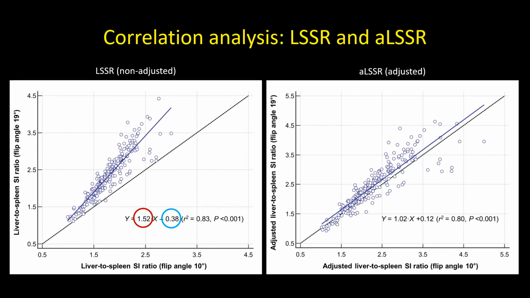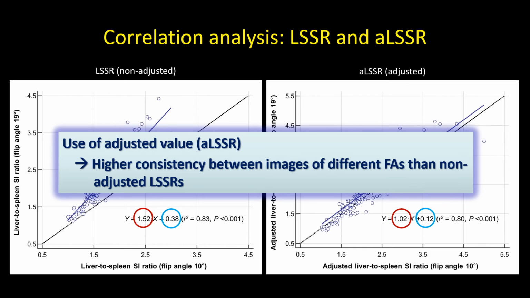However, the use of adjusted LSSR resulted in very similar estimates between the two MRI sets, as indicated by a regression slope close to 1 and an intercept close to 0. So, the use of adjusted LSSR resulted in higher consistency between images of different MRI parameters than non-adjusted values.